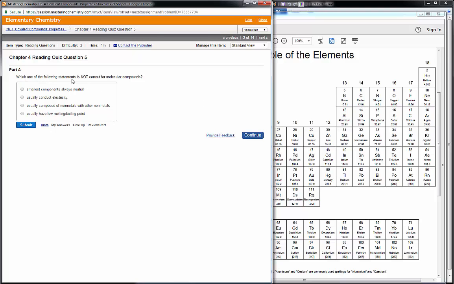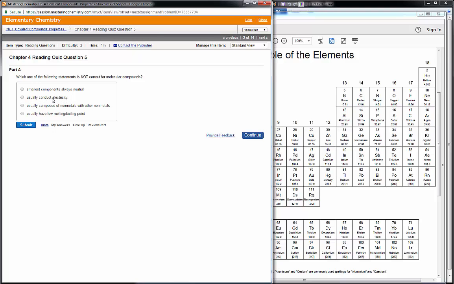So next, which is not correct for molecular compounds. And molecular compounds, that's another way of saying covalent compounds. So smallest components are always neutral. That's true because molecules are neutral. If I'm not neutral, then I'm an ion instead. So compounds are made of molecules which are neutral. They don't conduct electricity.